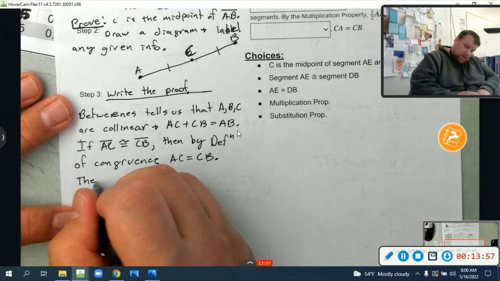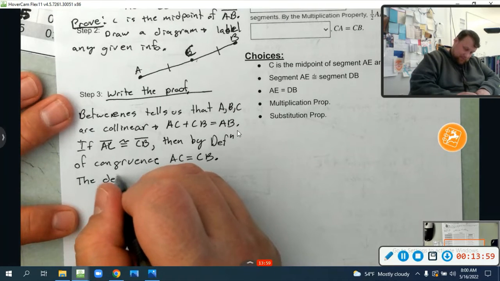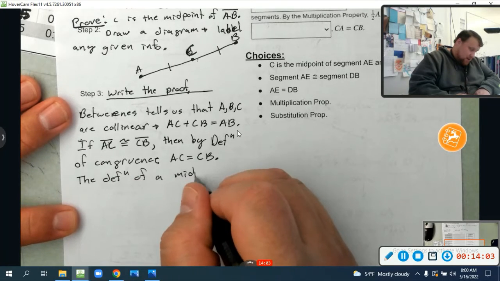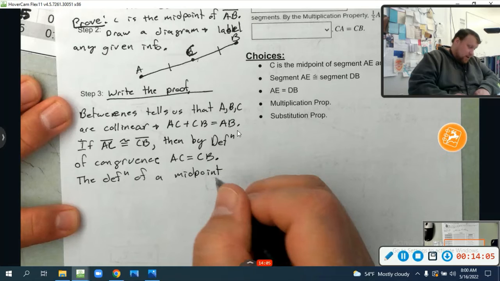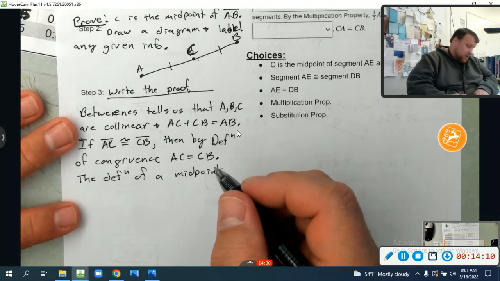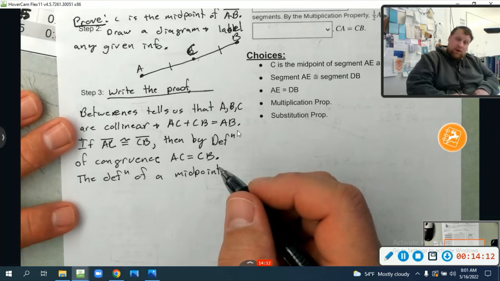Now, the definition of a midpoint says that if C is between points A and B and AC equals CB, then C is the midpoint of AB.